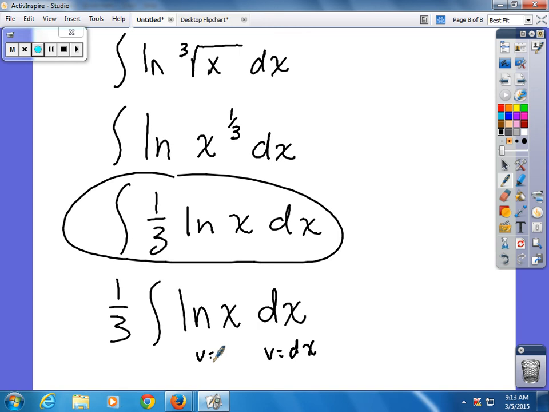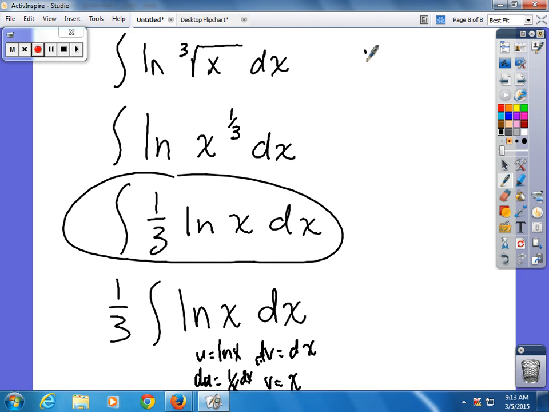And u equal to natural log of x, du is equal to 1/x dx, and dv, that's dv. And v is equal to x. So now we do uv minus the integral of v du.